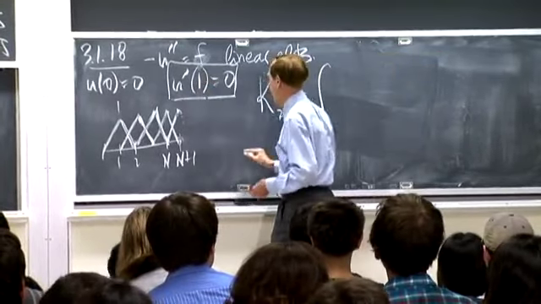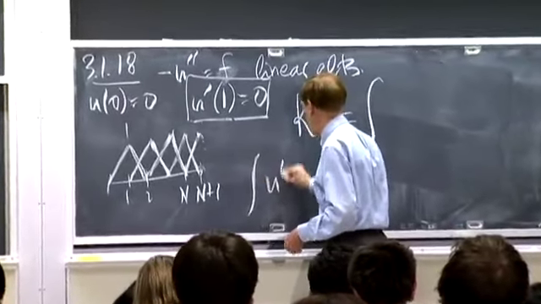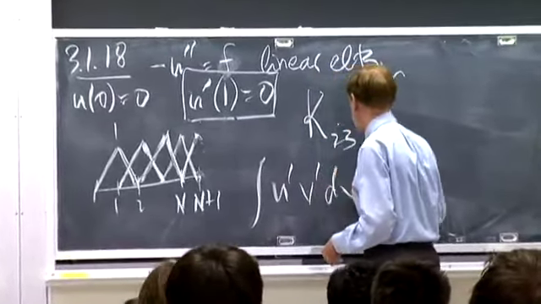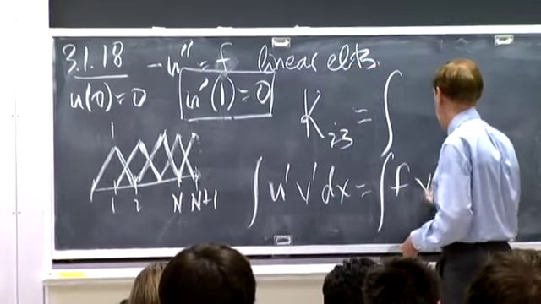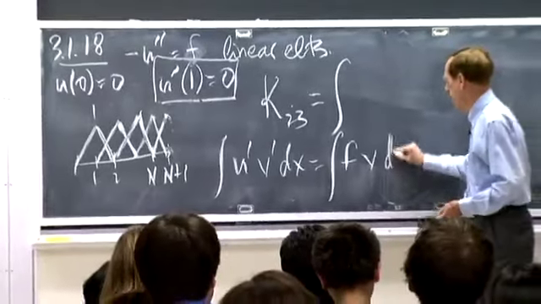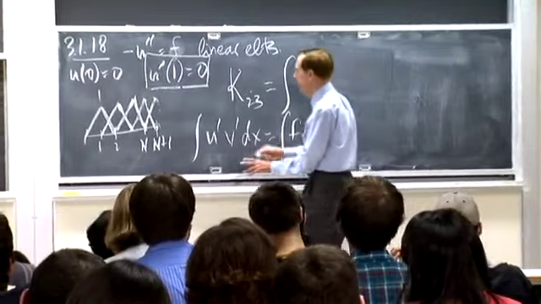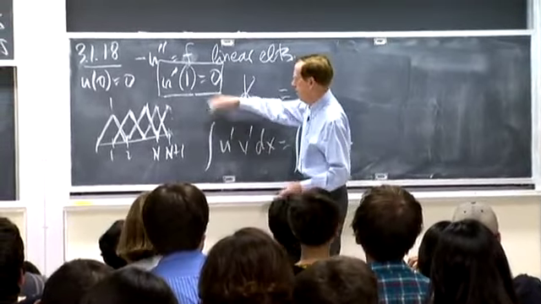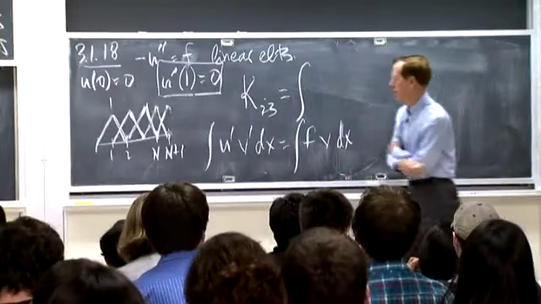My weak form, I've integrated by parts, so my weak form is the integral of u prime v prime dx equals the integral of f times v dx. That's my weak form. I did 2 integrations by parts, and the integrated term will go away because of those zeros.